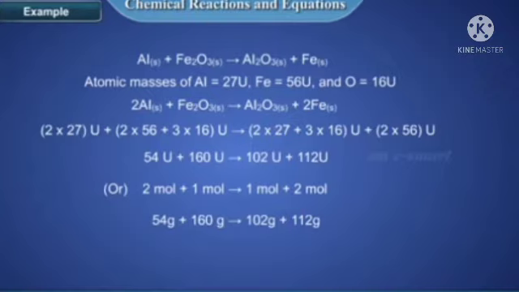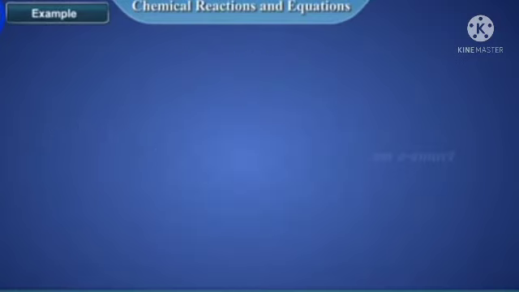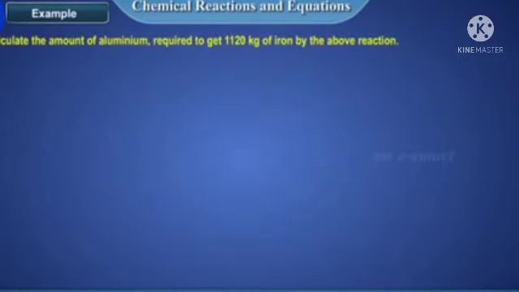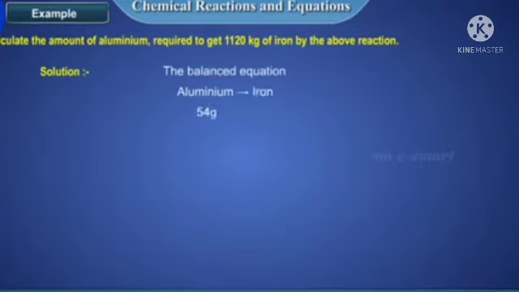Calculate the amount of aluminium required to get 1120 kg of iron by the above reaction. The balanced equation: aluminium 54 grams, iron 112 grams. Then we want iron 1120 kg, then what is the weight of the aluminium?